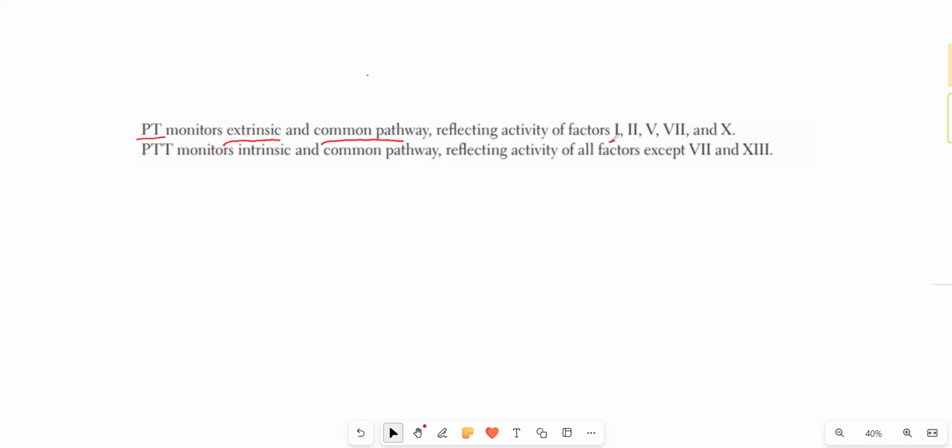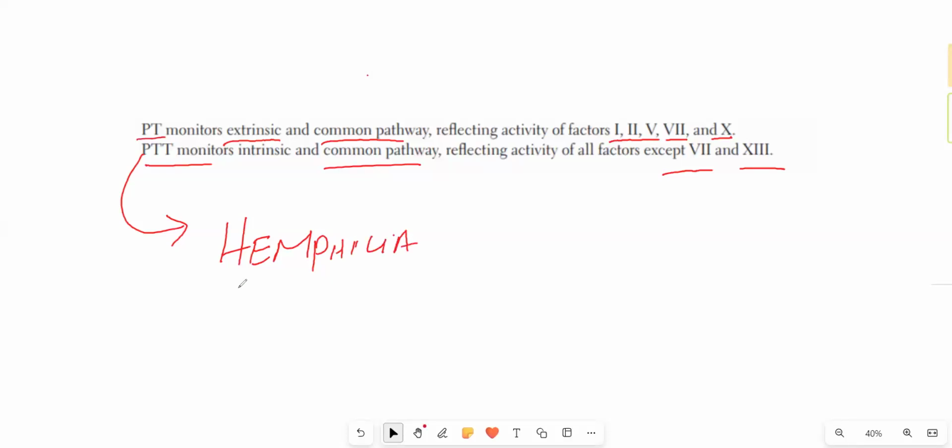So factors 1 to 5, 7 and 10, right? While the PTT monitors the intrinsic pathway and the common pathway. So it will reflect the activity of all the factors except 7 and 13. PTT is raised in hemophilia, right? While PT is raised in warfarin.